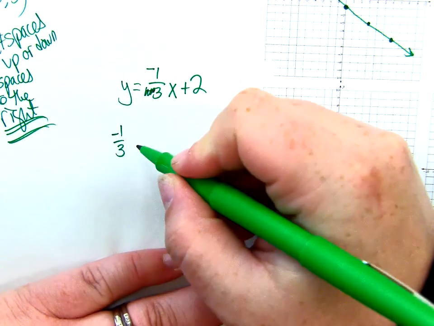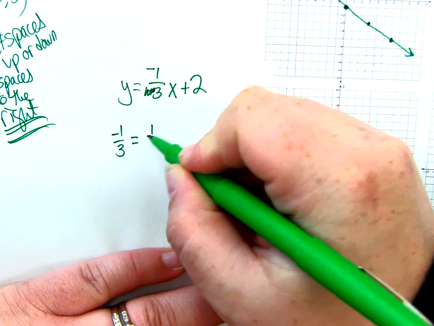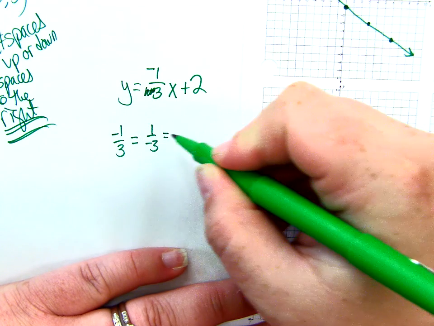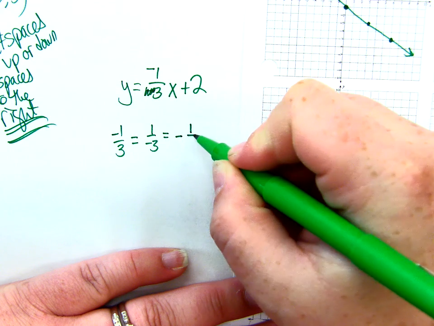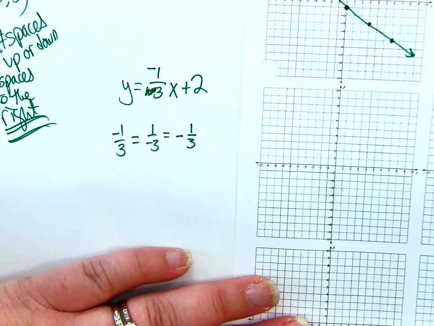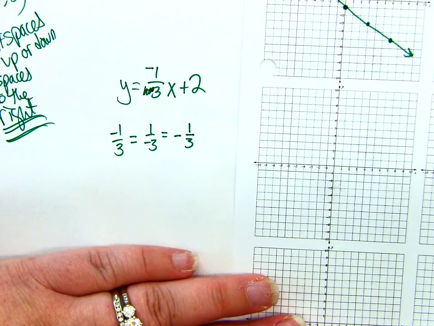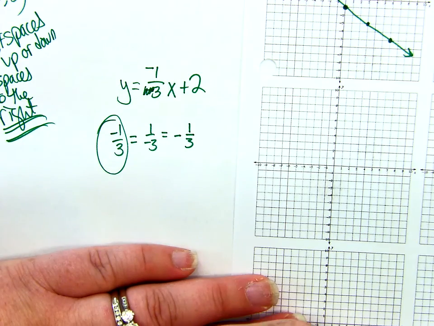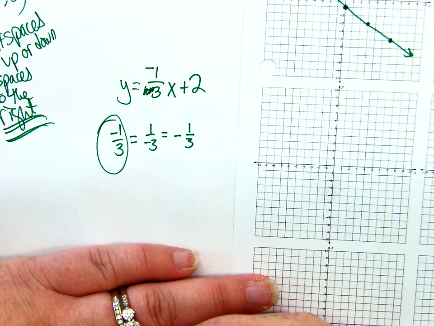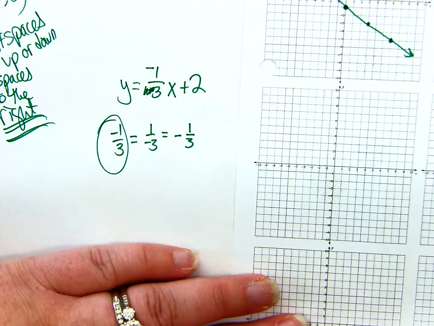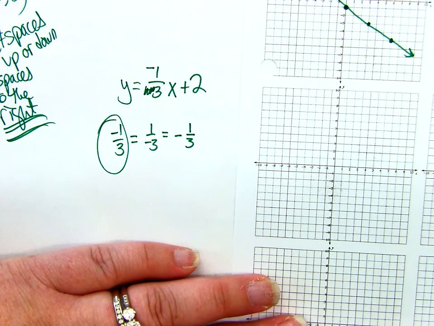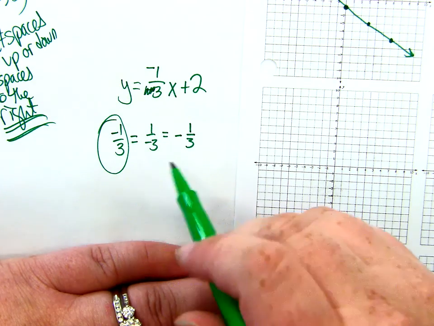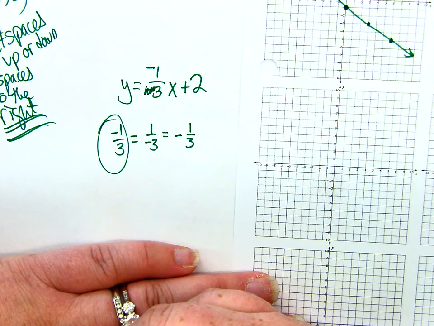Negative 1/3 is the same thing as 1 over negative 3, and that's the same thing as sometimes they put the negative just out in the front. All of these are exactly the same. But it's the easiest to deal with when you just have the negative in the top. So if you ever have the negative in the bottom or out in front, just put it with the top number. And you don't have to do anything fancy.